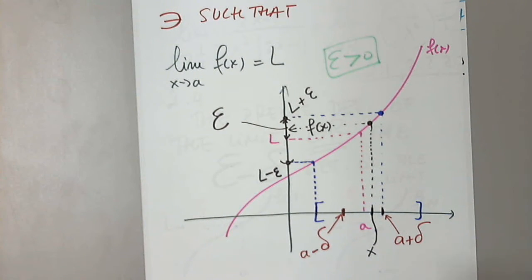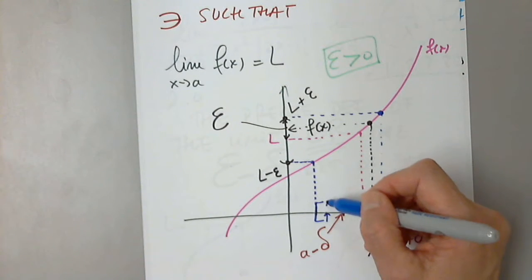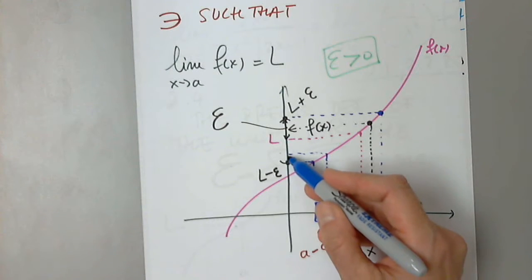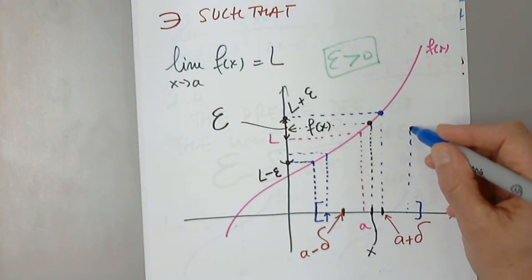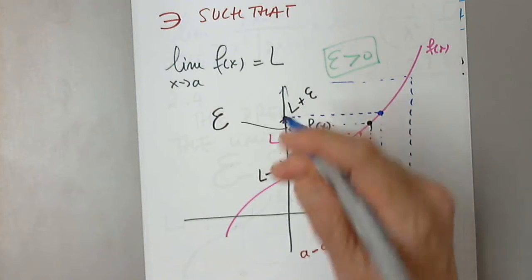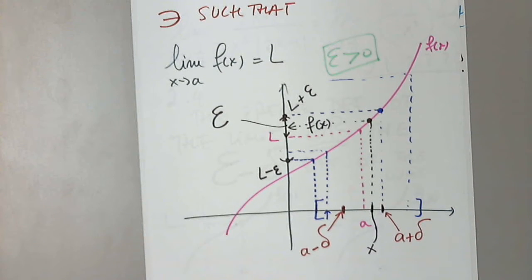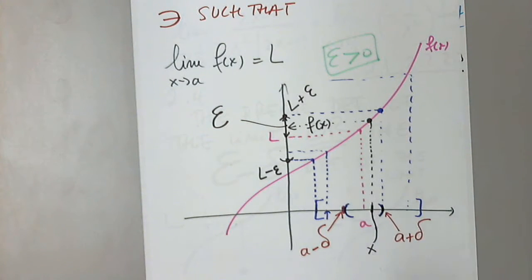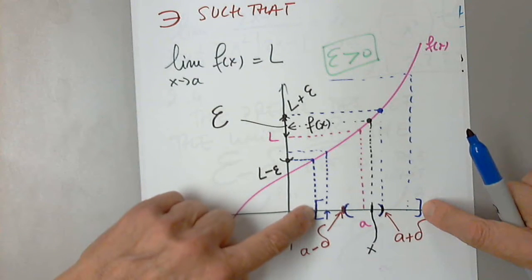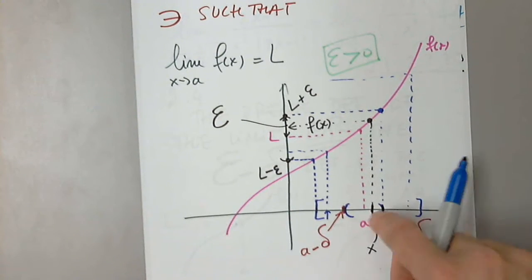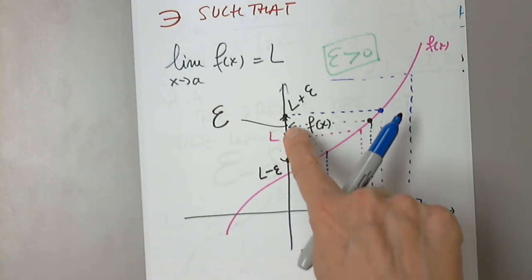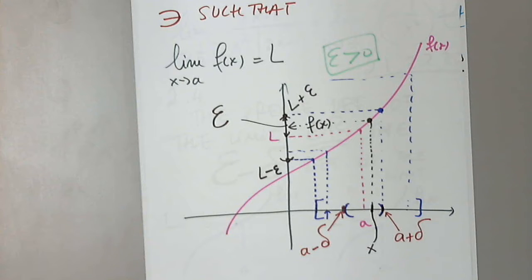I can't, because I could pick here, and this is outside. This is still inside, but if I pick here, look what happens. It's outside of epsilon. So that's why I always have to pick the smallest of the two that I get. I cannot pick this, because if I pick x within delta away from A, this is outside. It does not fall within epsilon away from L.